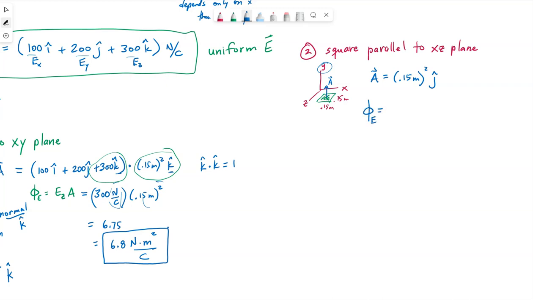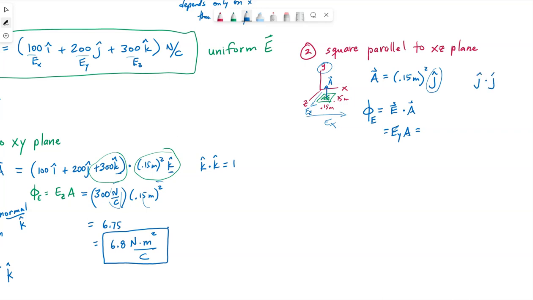So if we think again about the dot product, we're still taking E and dotting it with A. But if we think about the electric field, the X component of the electric field will not pass through that square. The Z component will not pass through that square. It's only the Y component that can pass through that square now. And that's what we get when we dot the electric field with this area vector that points in the Y direction.